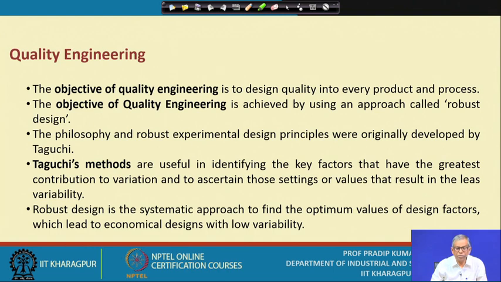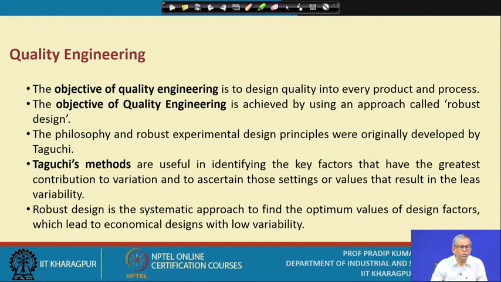That means simply designing a product is not enough. You have to follow a separate approach for building quality into the product, mostly during the design stage. Now the objective of quality engineering is achieved by using an approach called robust design.